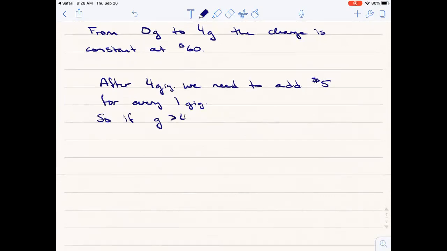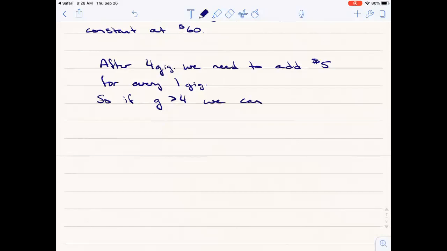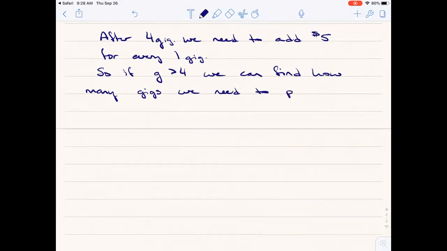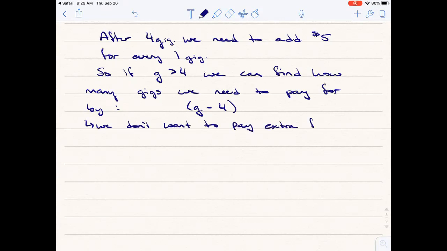So if G is greater than 4, we can find how many gigs we need to pay for by G minus 4, only because we don't want to pay extra for the first 4 gigs.